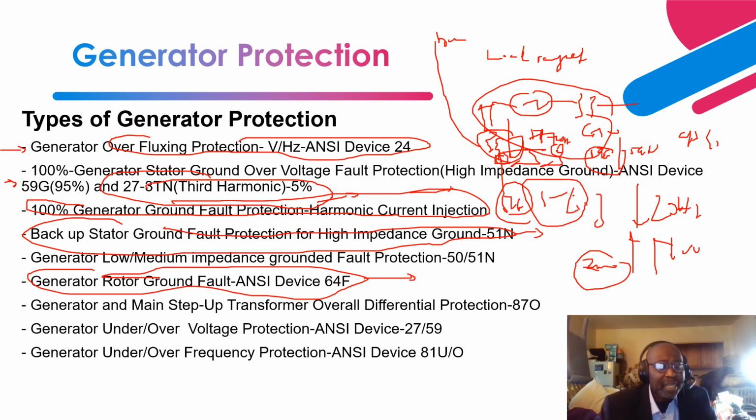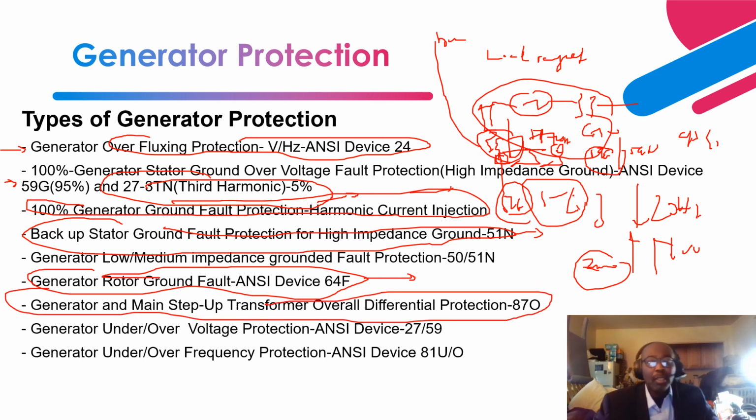Next is the generator and main step-up transformer overall differential. You can have that overall differential scheme depending on the criticality of the generator. Let's say you have a generator that provides power to critical customers. Then there's an additional barrier implemented to provide an overall differential scheme.